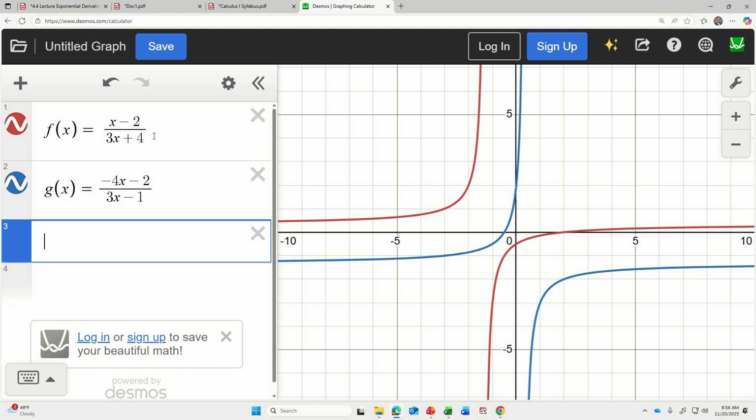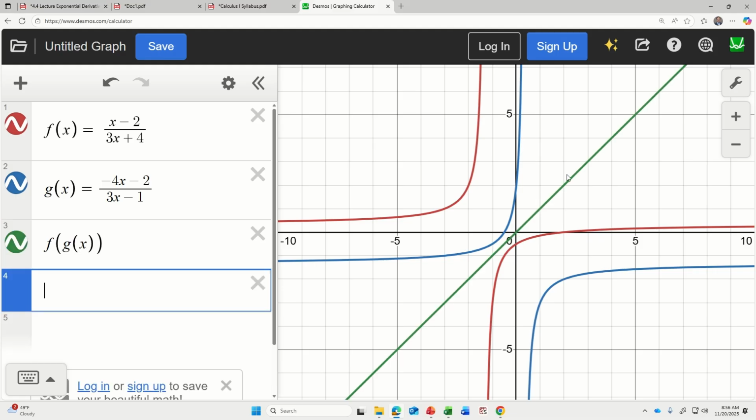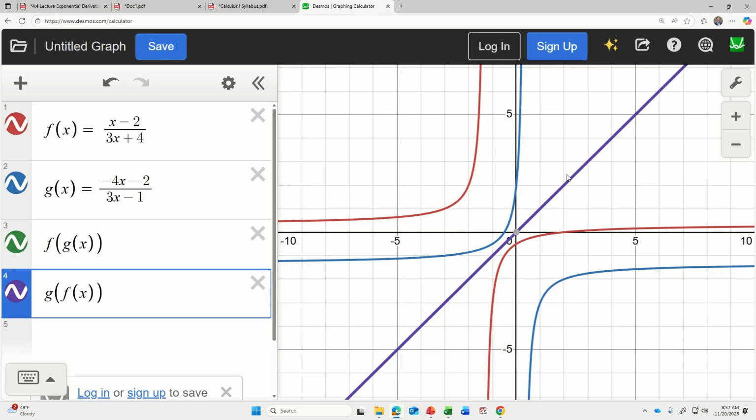And the way that I can check to see if these are inverse functions is if I take f of g of x, the green function is now the identity function. In other words, the green function is the function y equals x, because the input is exactly equal to the output. And that's how it should look if I compose any two inverse functions. Right? G of f of x also gives me the identity function. So that means f and g are inverses.